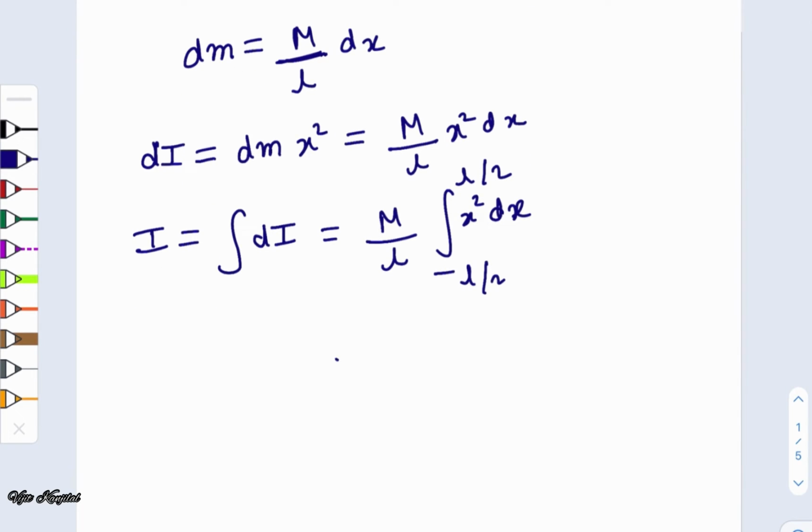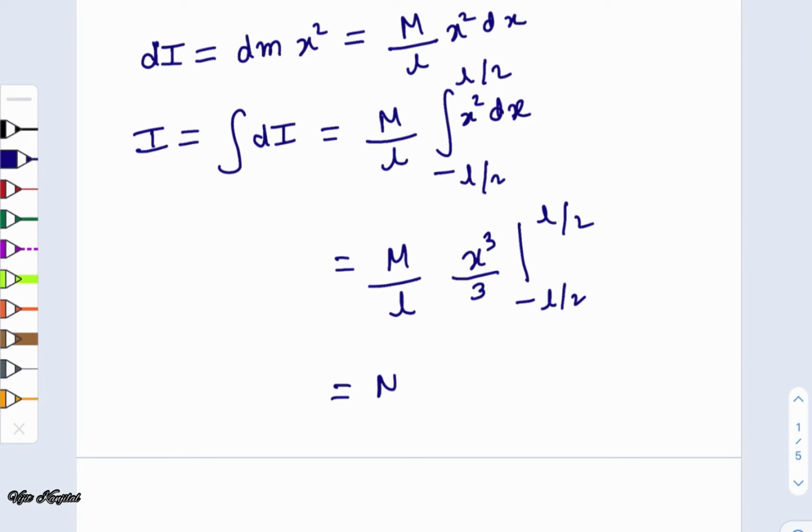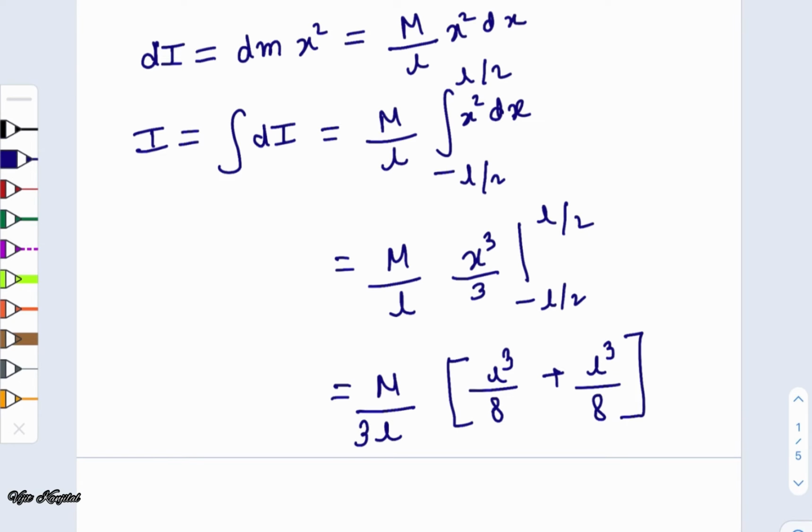So let's simplify this. It would be simply m by L times x cube by 3, and the limits are from minus L by 2 to plus L by 2. So it is simply m by 3L times L cube by 8 plus L cube by 8.